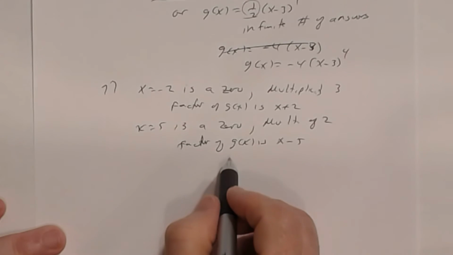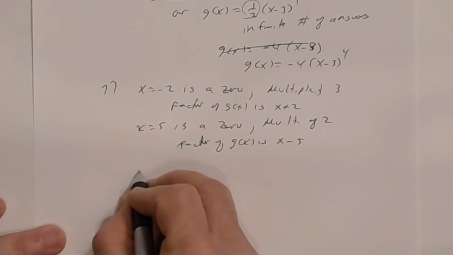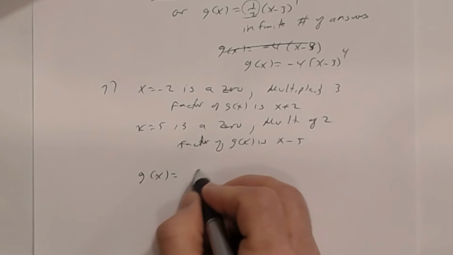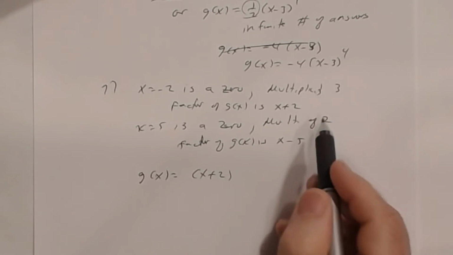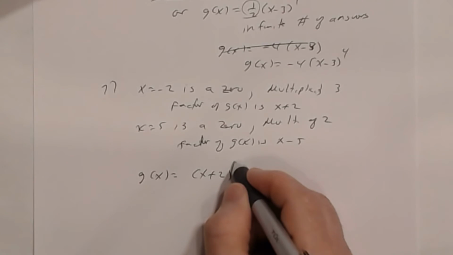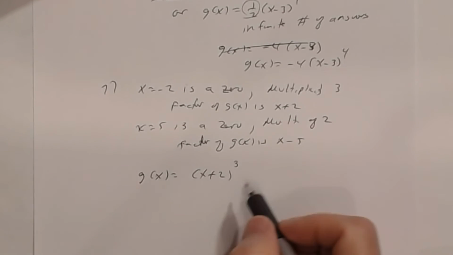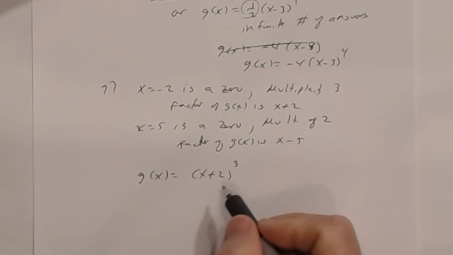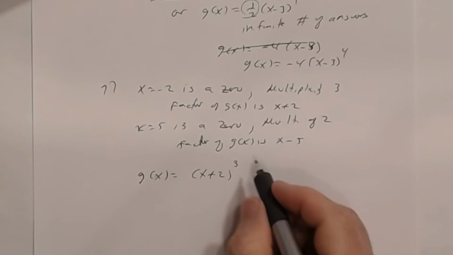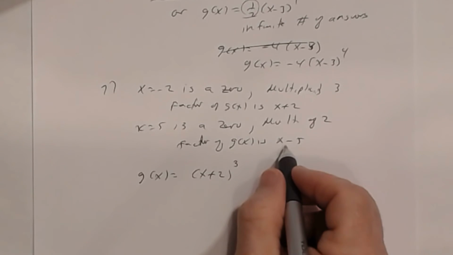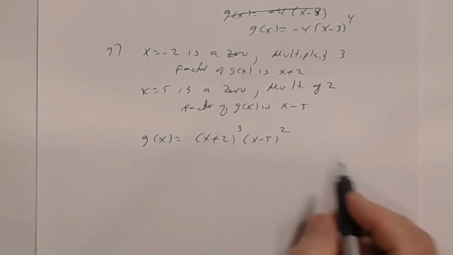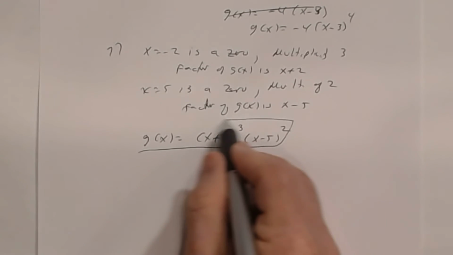All right, so using that information, we can say this: g of x will equal x plus 2 to the third power, because a multiplicity 3 means that x plus 2 occurs as a factor 3 times. And then the other one here would be x minus 5 to the second power. And that's it. That would be what you would write.